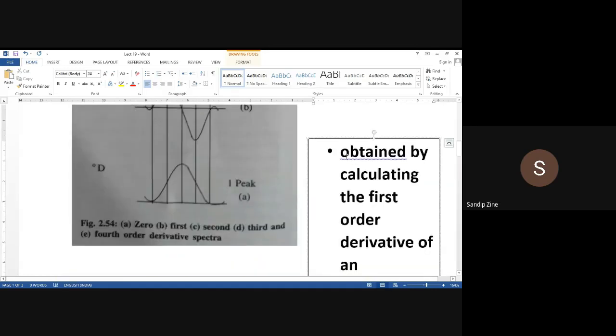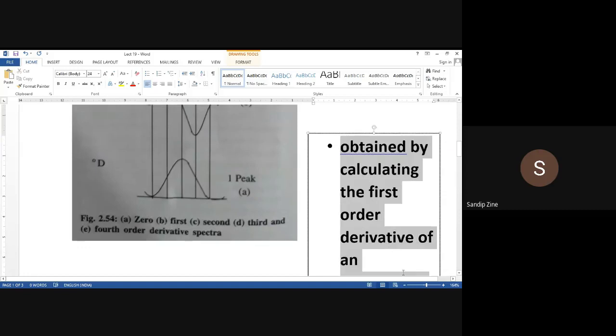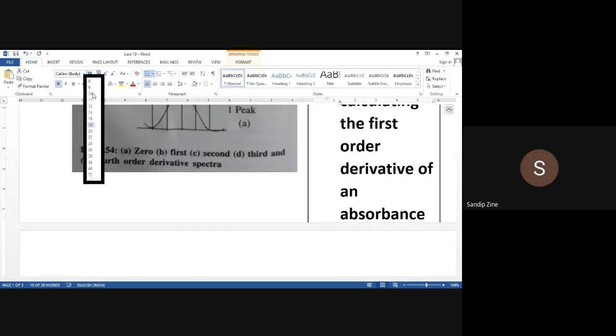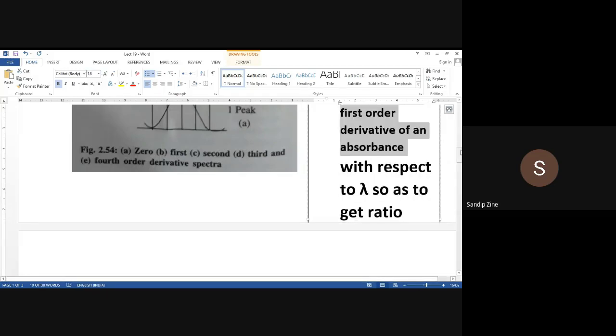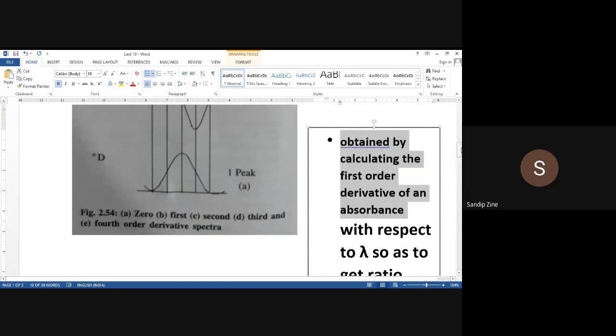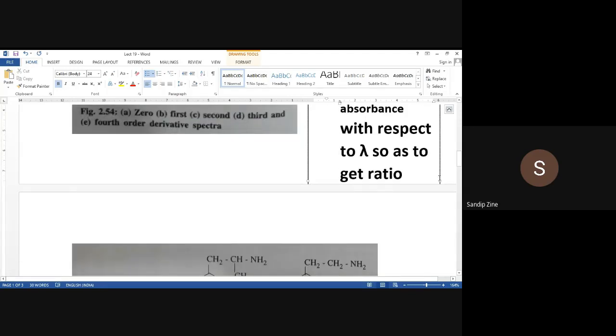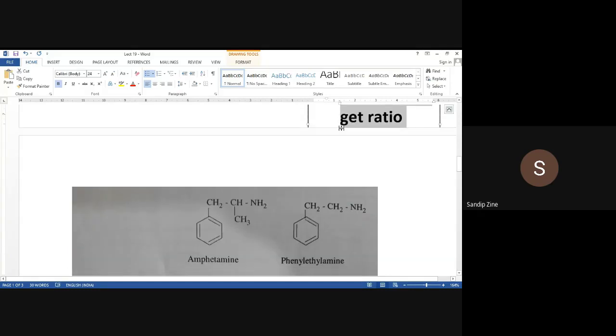I will just reduce the font size of this, and if you see, it is obtained by calculating the first order derivative of an absorbance with respect to the wavelength, so as to get the ratio of what ratio? dA divided by what kind of ratio will you get?